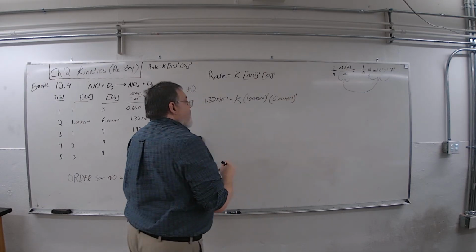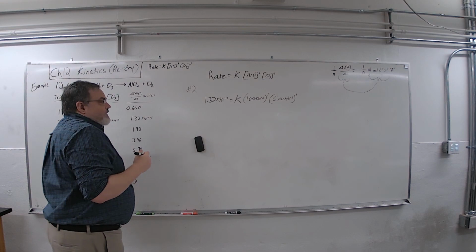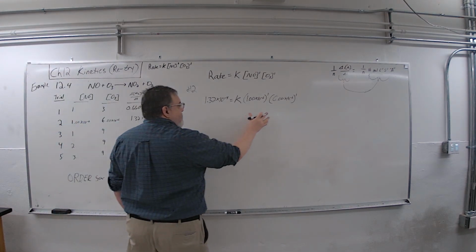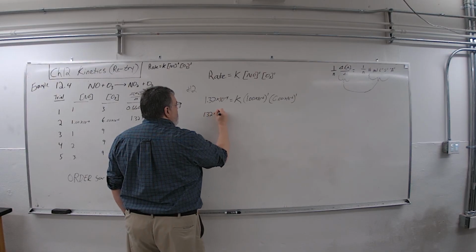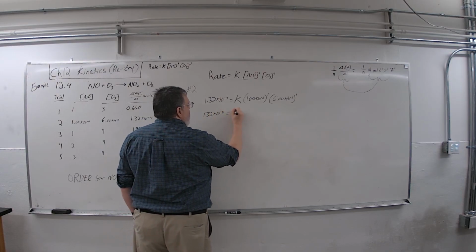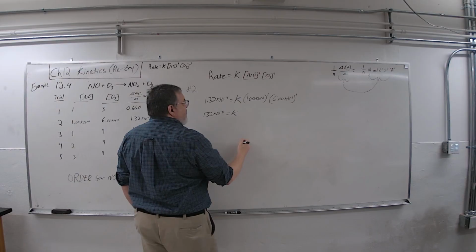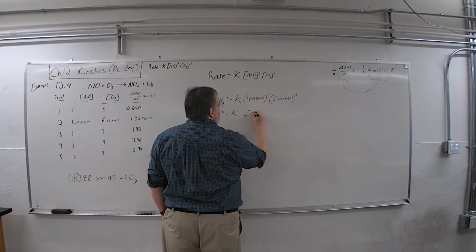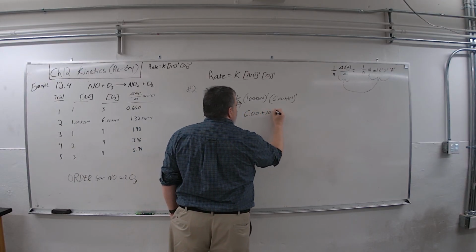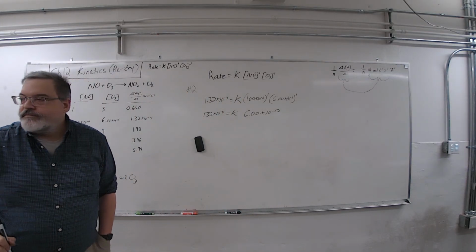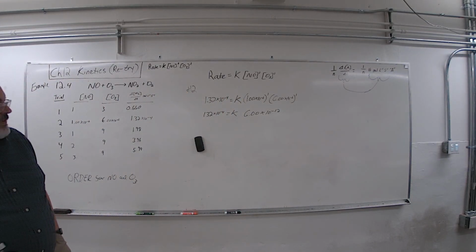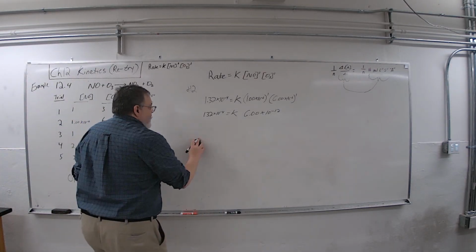And now we solve for K. I think the easiest thing to do is multiply these first, but you can do this with algebra however you like. More than one way to go. It's going to be 6.00 times 10 to the -12, because you add the exponents. Right? And now it's K equals.